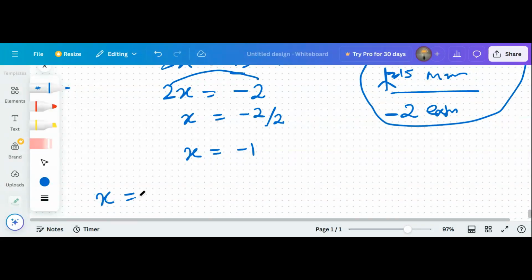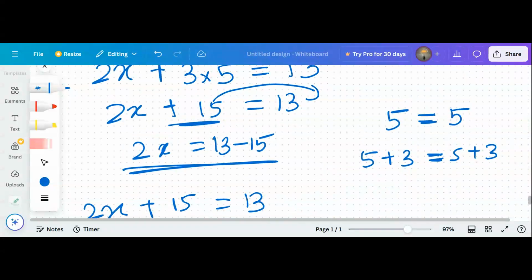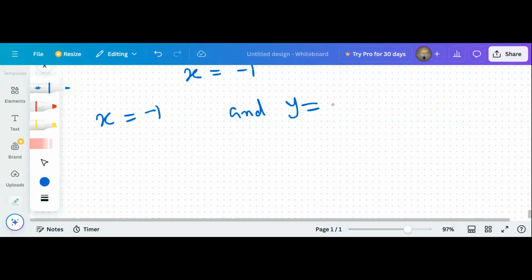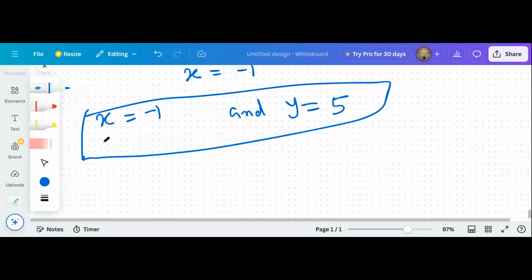So x is minus 1 and y is how much? 5, right? y is 5. So this is the first method you can try to find x and y. This is called the elimination method.